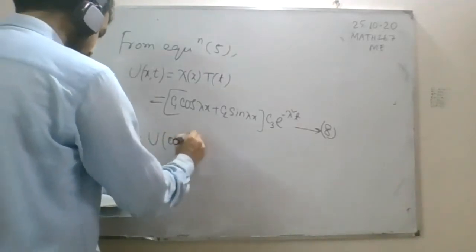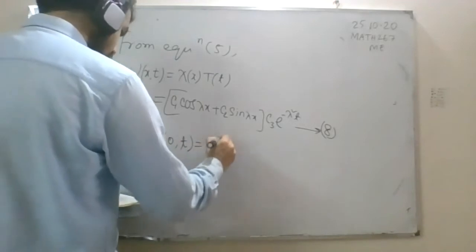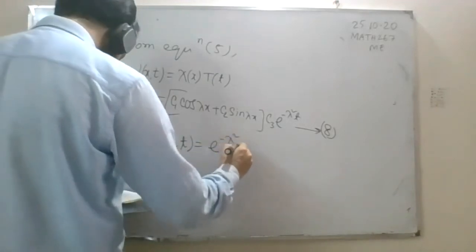Now let's use u(0,t) equals the integral, with e to the power minus lambda square t.